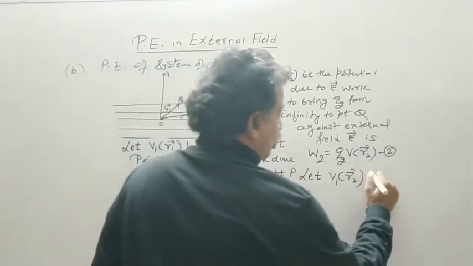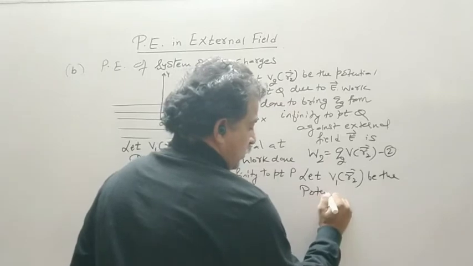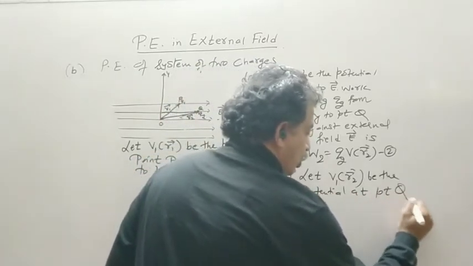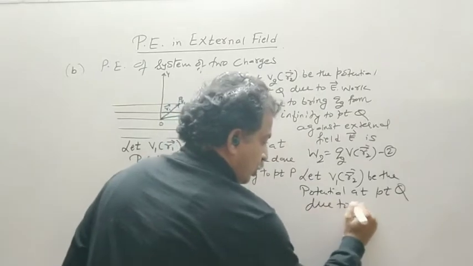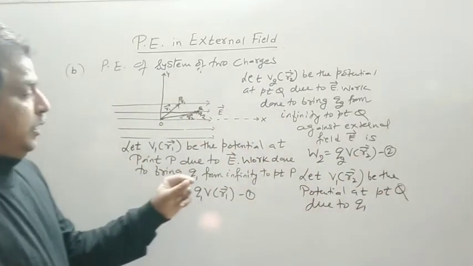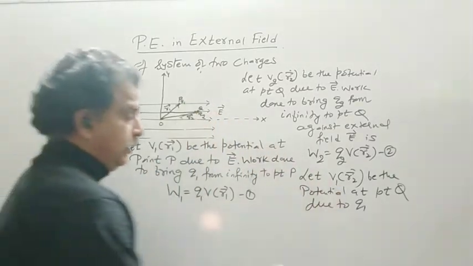Let V1(R2) be the potential at point Q due to Q1. एक कूलम लाने का खर्चा अगेंस्ट Q1.